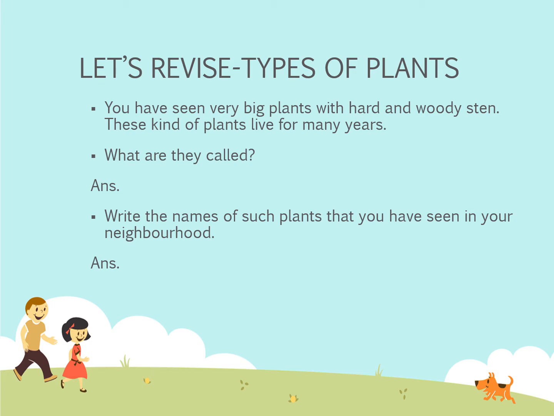Yes, they are trees. Now write the names of such plants that you have seen in your neighborhood. I am sure children you all must have seen neem tree, peepal tree, ashoka tree in your neighborhood.